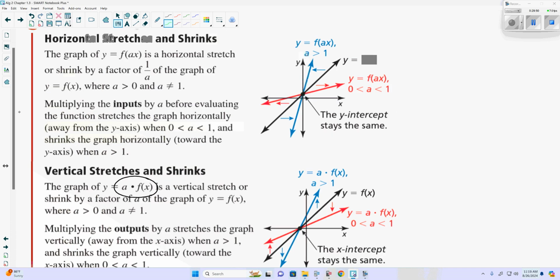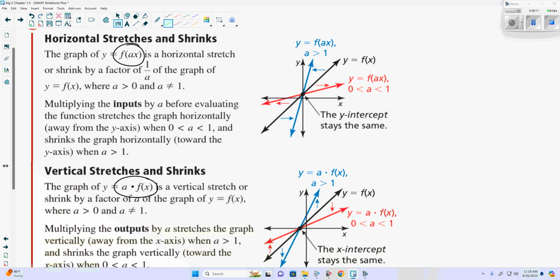So here, our general form for horizontal stretch and shrink is f of a times x, the amount that we stretch or shrink. So the horizontal stretch or shrink by a factor of 1 over a of the graph of f of x.